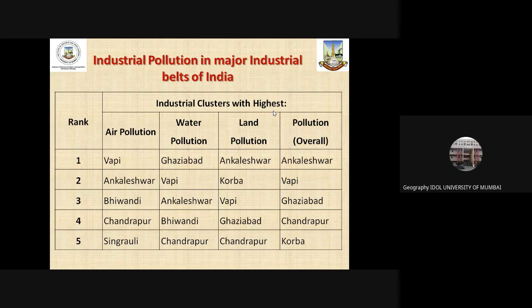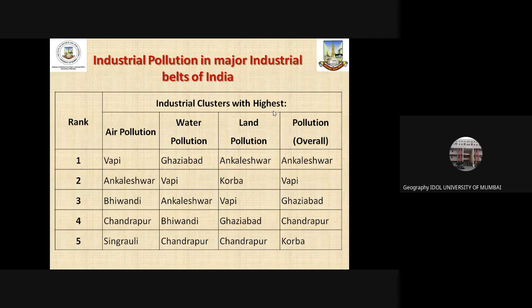Ghaziabad is considered to be the largest industrial segment in India responsible for water pollution, followed by Vapi, Ankleshwar, Bhiwandi, and Chandrapur. Ankleshwar is considered to be the highest land polluted industrial region in India, followed by Korba, Vapi, Ghaziabad, and Chandrapur.